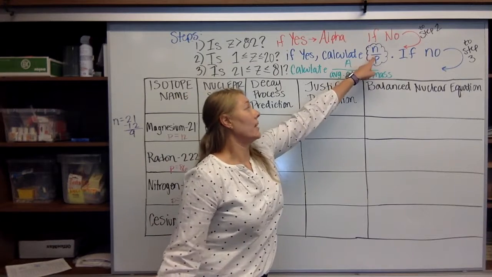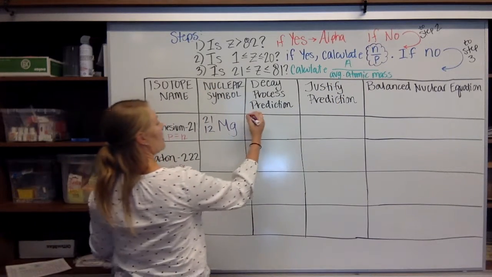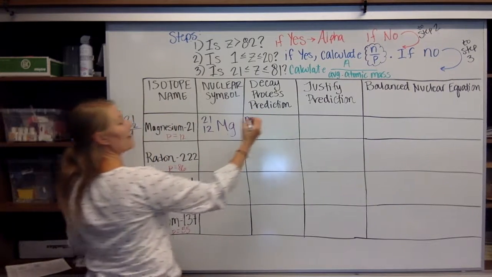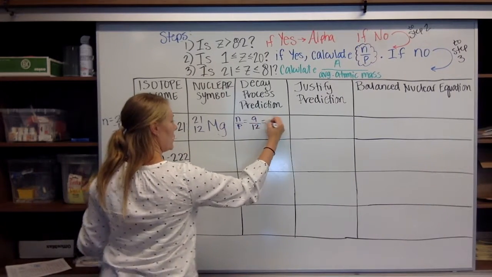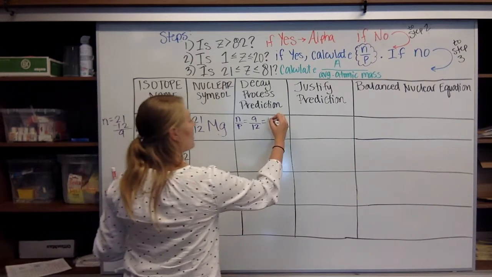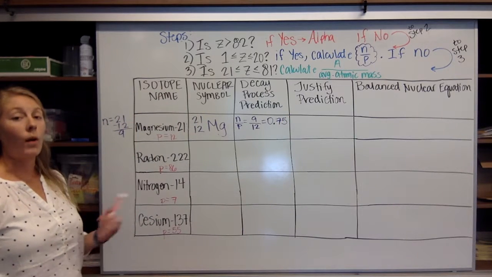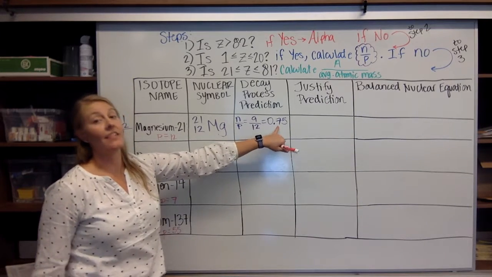Well, we need to calculate the neutron to proton ratio. So my N over P is equal to 9 neutrons over 12 protons. And when you calculate that out, you get 0.75. Okay? Well, what are we going to predict then? Neutron to proton ratio is less than 1.